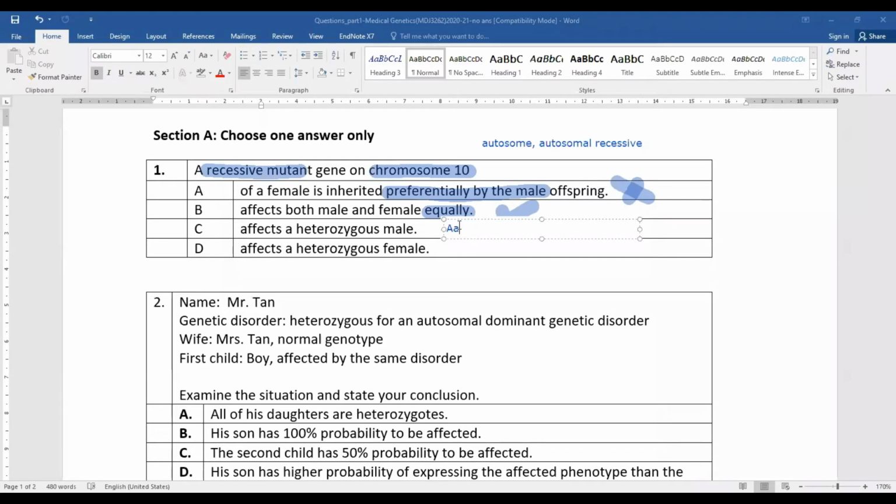No. So how do you call this guy? Carrier. Yes, very good, exactly, carrier. Same thing for option D. Heterozygous female is also capital A, small a, and she's also a carrier. Therefore, the answer is B.